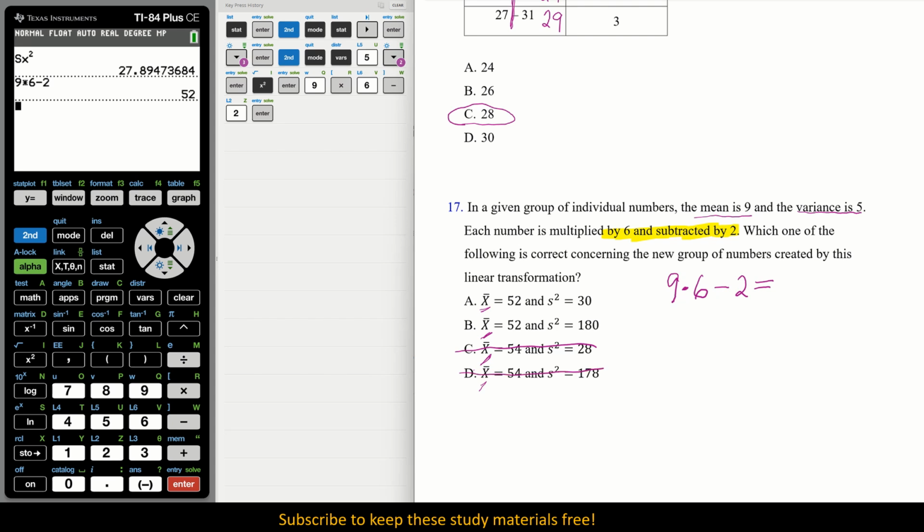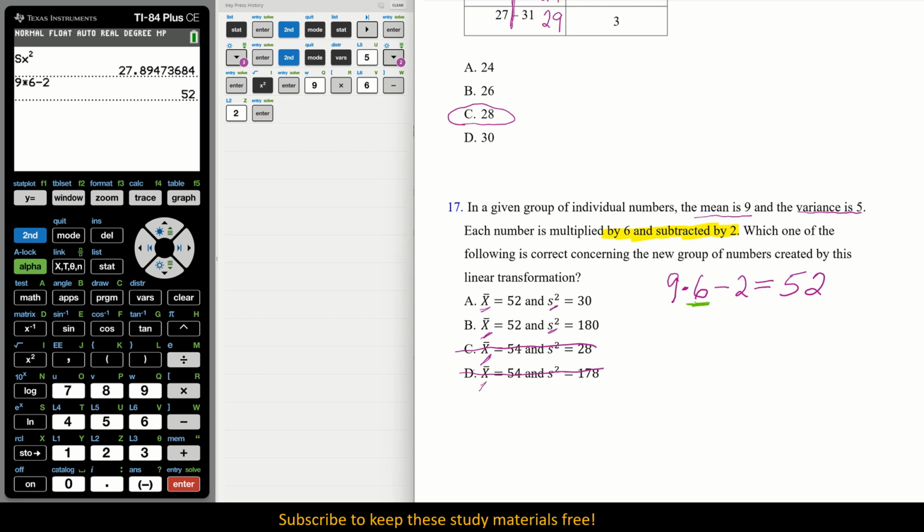Now, standard deviation, or rather variance, that's not going to work the same way. I have other videos with this. For the mean, the 6 is as is. But when you go to the sample variance, that is squared.